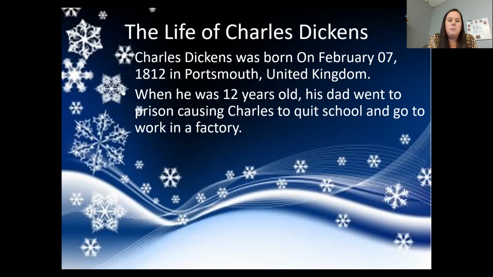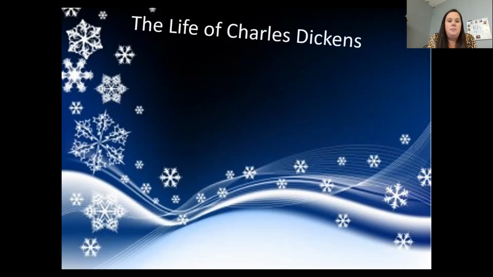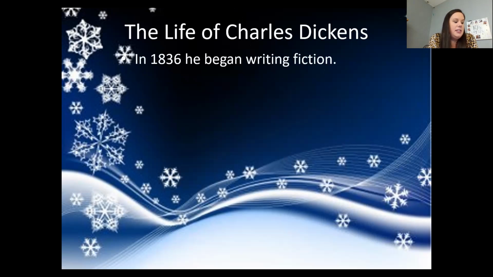When he was 12, his dad went to prison, causing Charles to quit school and go to work in a factory. That kind of showed the poor working conditions for Bob Cratchit. It was there that he learned about the rough factory conditions and how children were not protected. In 1836, he began writing fiction.